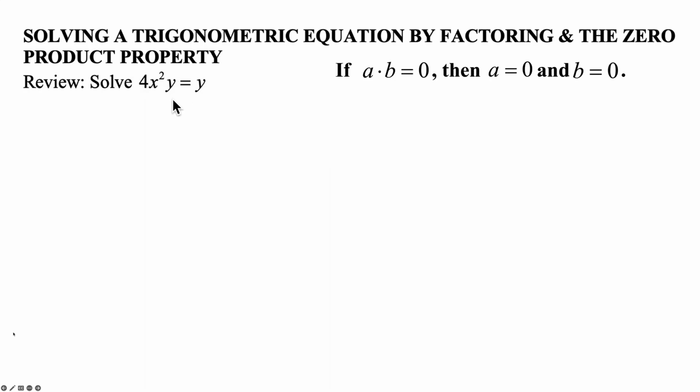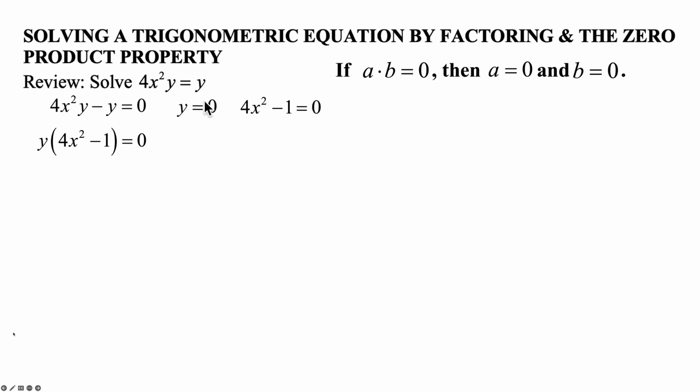We would subtract over the y, and then we're going to factor this so we can use our zero product rule, where it says if two quantities are being multiplied together and they're equal to 0, then the first factor is equal to 0, the second factor is equal to 0, then you basically solve for x or for y in this case. So again, I have two different variables, but there's a y in each term, then factor it out. And sometimes you'll just have to force a factor out, which is fine.